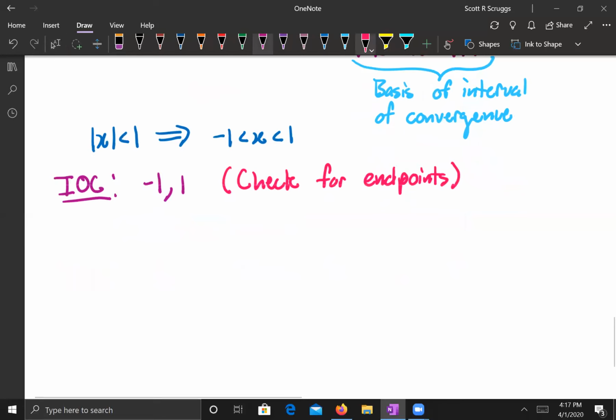And a way to check that is we're going to plug in our endpoints for the value for x in our series. And we're going to use our test to check and see whether or not my series converges or diverges. And so with that, let's go ahead and write back down our original power series.